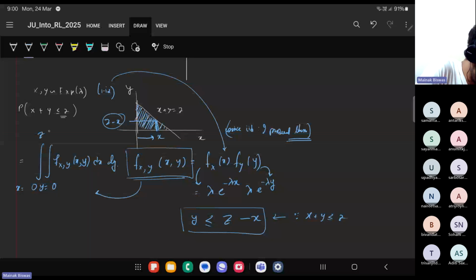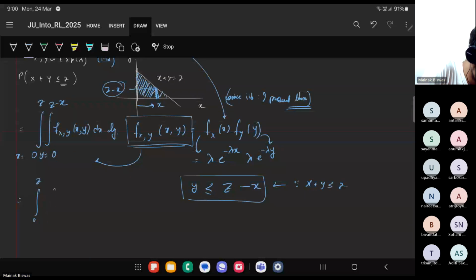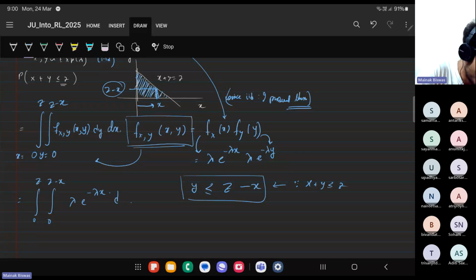So now I just put in the value of the integral and try to find it. Lambda e to the power minus lambda x. The inner integral is over y, so I should reorder the integrals because y is integrated first. Lambda e to the power minus lambda x dx.